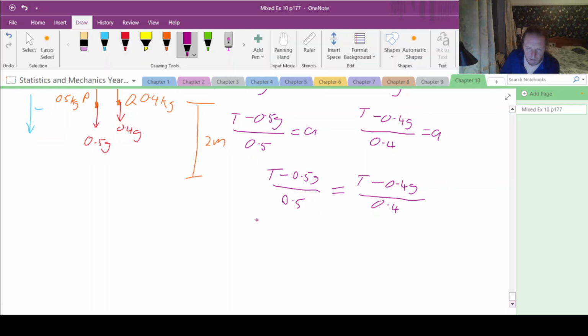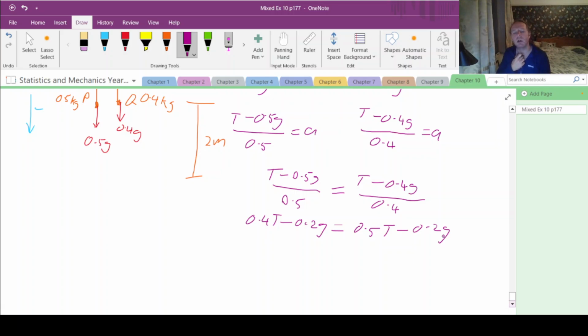So on the left, we're going to have 0.4 T minus 0.5 times 0.4, which is 0.2, so minus 0.2 G, is equal to 0.5 T minus 0.2 G. Yes.